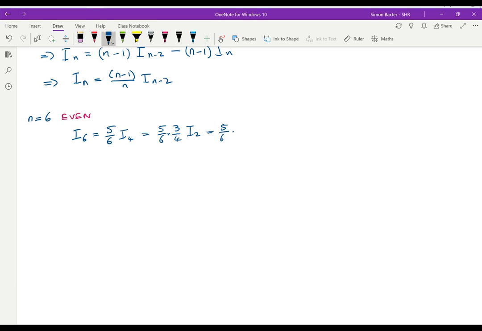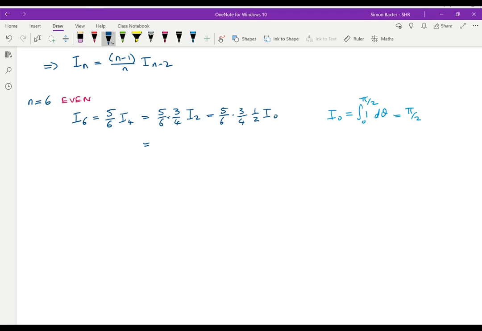I2 is going to be 1 over 2 I0. And I0 is the integral of 1 d theta from 0 to pi by 2, and that is just pi by 2. So this is equal to 5 over 6 times 3 over 4 times 1 over 2 times pi over 2. 3 cancels, leaving me with 5 over 2 times 4 times 2 times 2, which is 32, times pi.